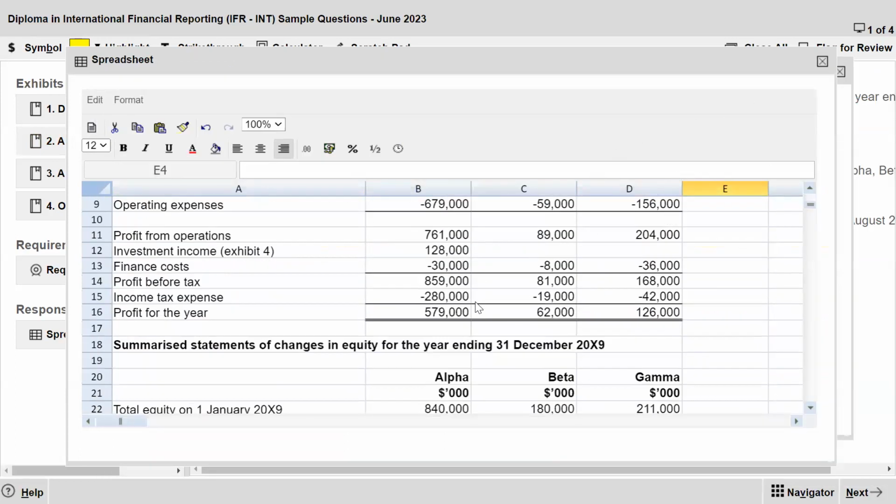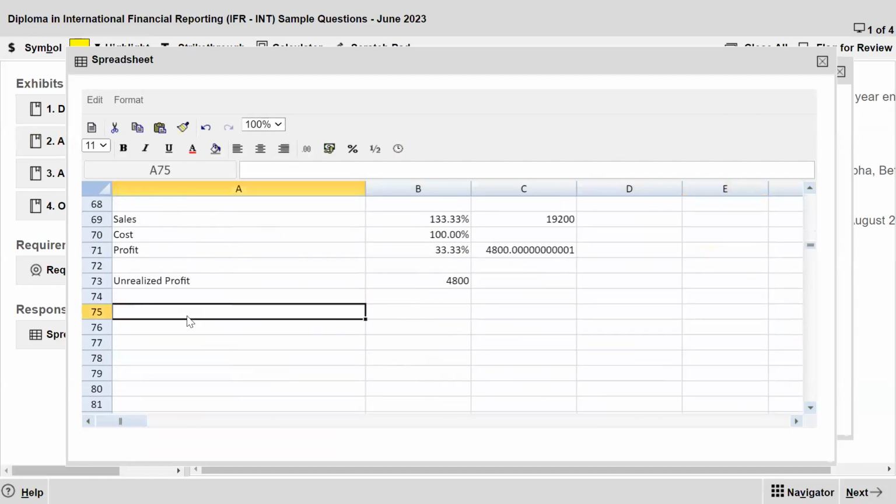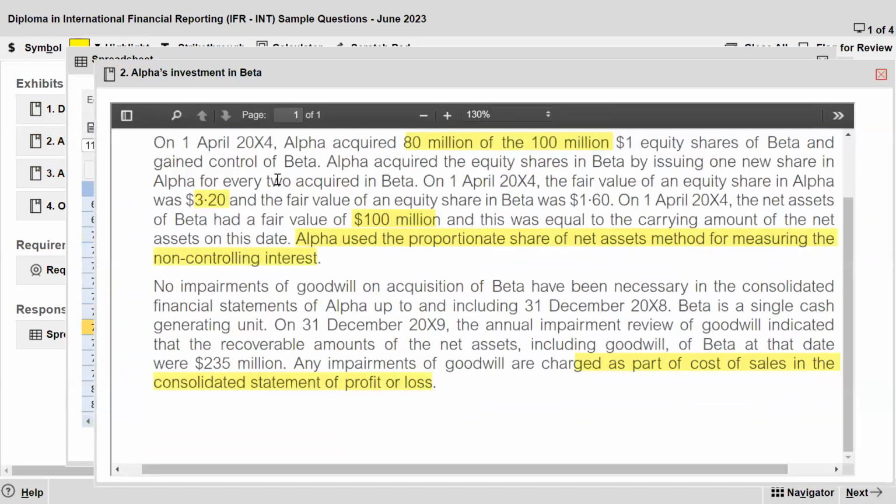Okay, I forgot one adjustment. I want to do that adjustment, right? And that was basically the impairment testing of Beta. So how do I know the impairment testing of Beta? It was actually discussed in here. The recoverable amount was given. So what do we need to do?